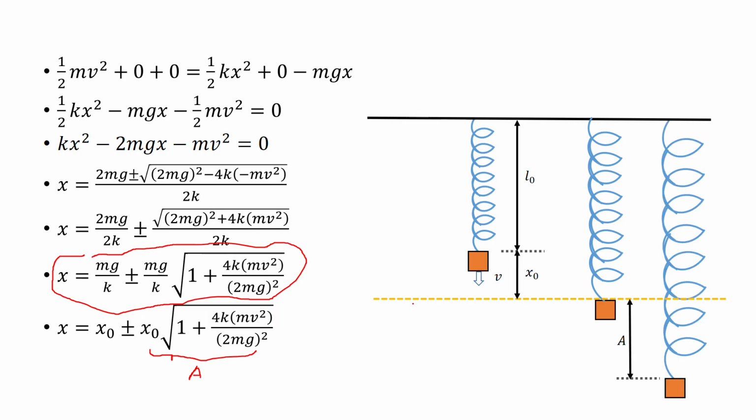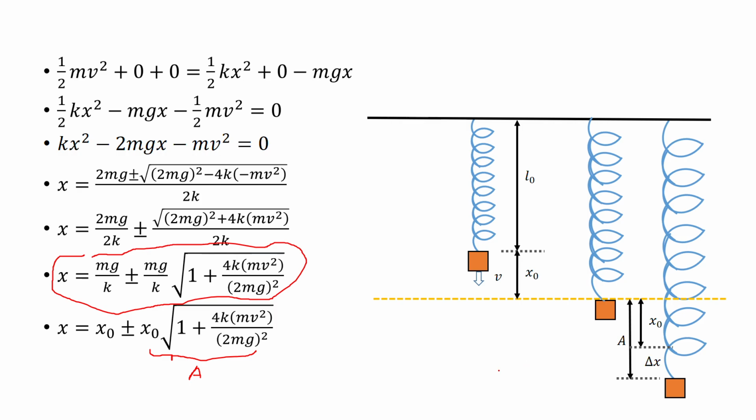So this is a here. This a is the square root of 1 plus 4k mv square divided by 2 mg square, and this whole is multiplied by x naught. Similarly, part of it is x naught and the other part is delta x.